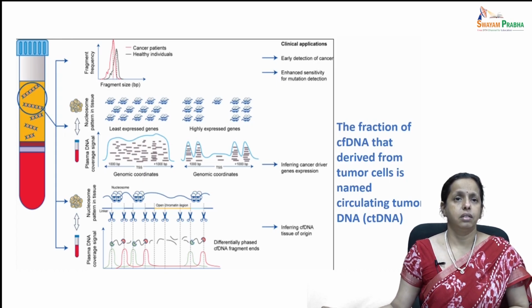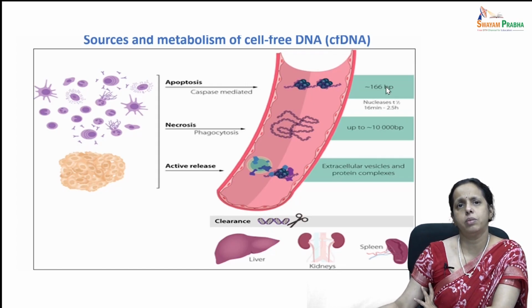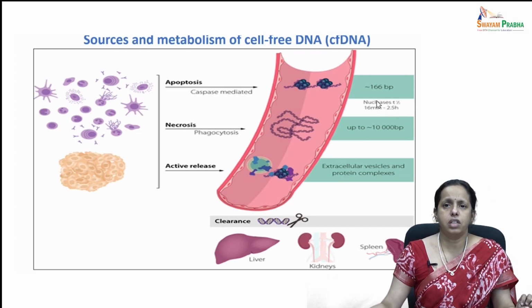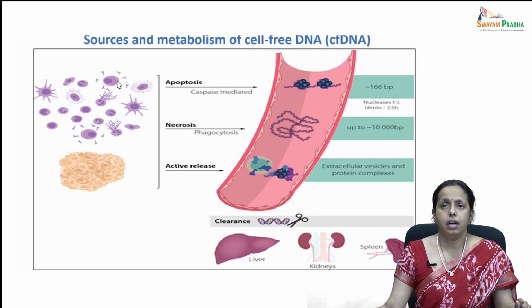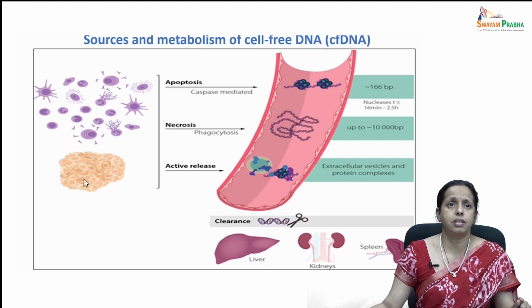So just a continuation of my earlier slide: what is the source and metabolism of your cell-free DNA? It is found in body fluids such as your blood, and it is derived from three main processes, from both normal cells such as your WBC as well as your tumor cells.